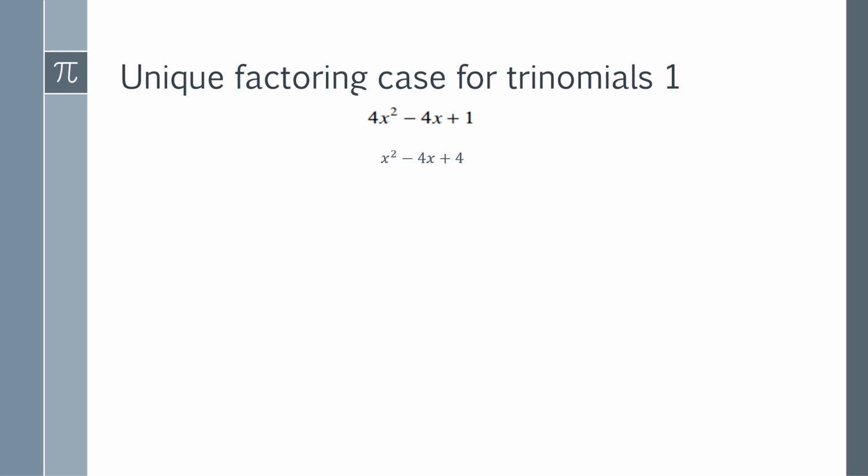If you don't know how I got to this step, please review. All I did is multiply 4 times 1, which was 4, and I rewrote. From there, I just found my numbers. You know how we do this. And then I do what else?